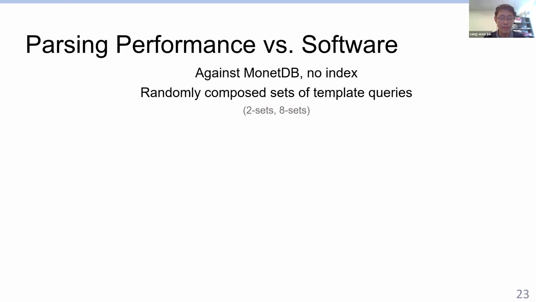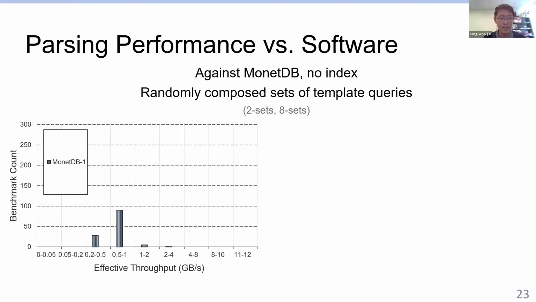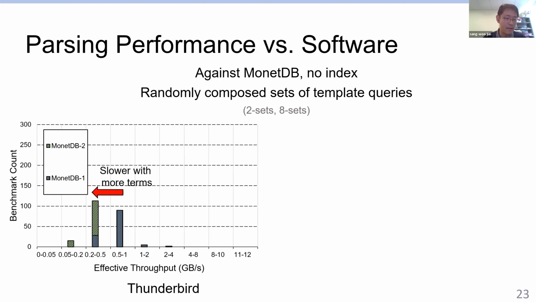So we tested composed sets of 1 set, 2 sets, and 8 sets. And if you look at the performance of MonetDB, as we can expect, the performance in terms of effective throughput becomes slower as we add more terms into the query, as we club more sets of template queries together.